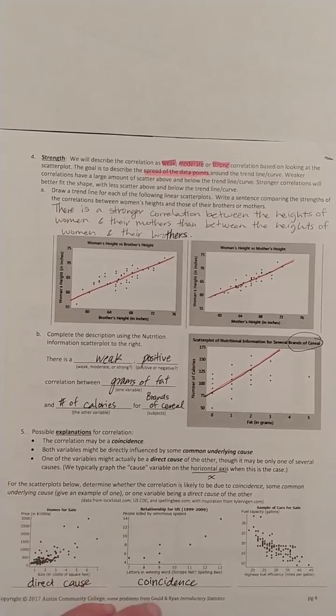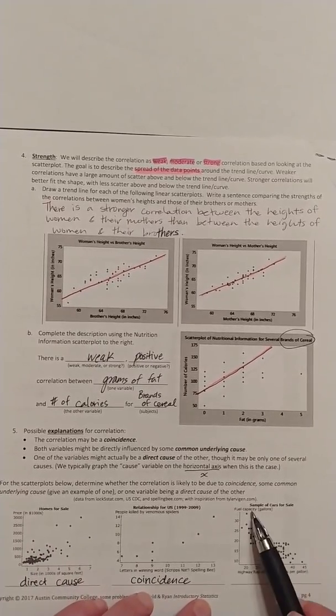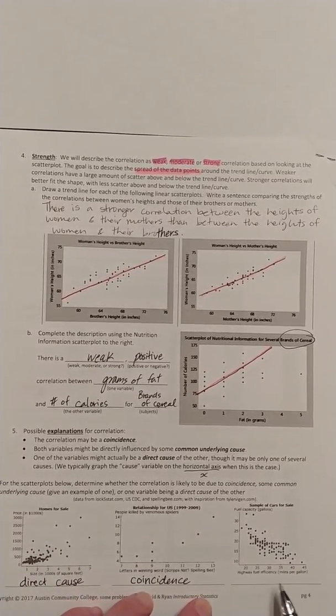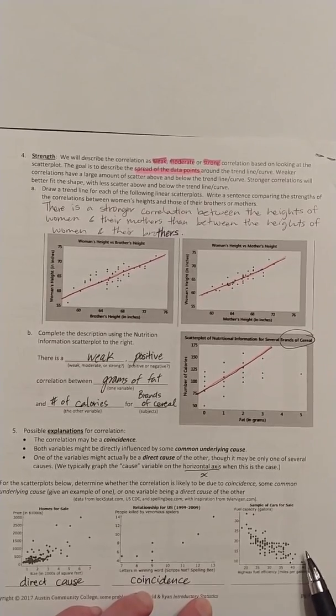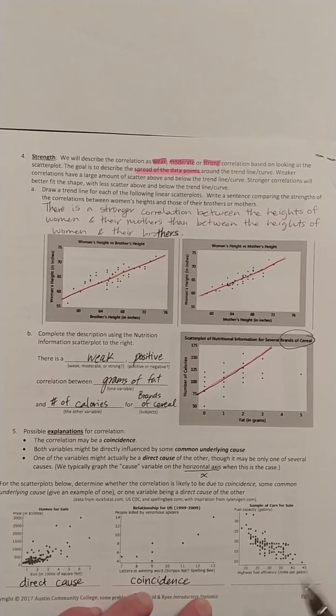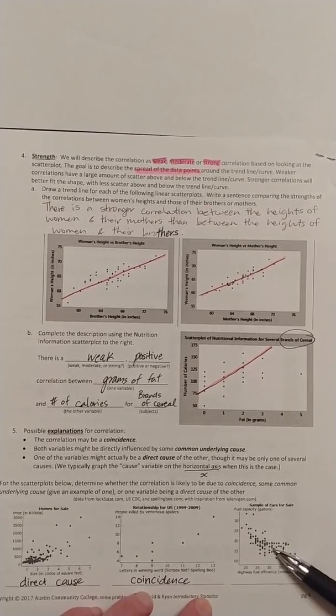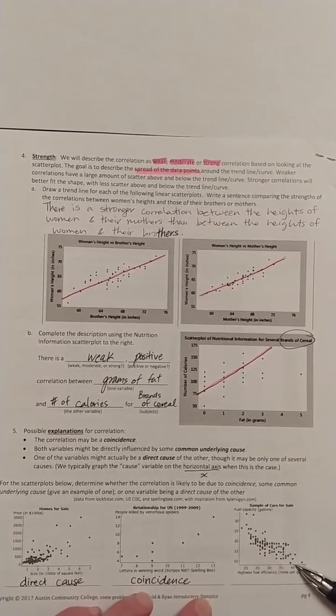All right, let's look at the last one. So here we have a sample of cars for sale. Here we have the highway fuel efficiency, and then we have the fuel capacity in gallons. And so here we do see a negative correlation, a pretty close one, so this could be moderate to strong correlation.